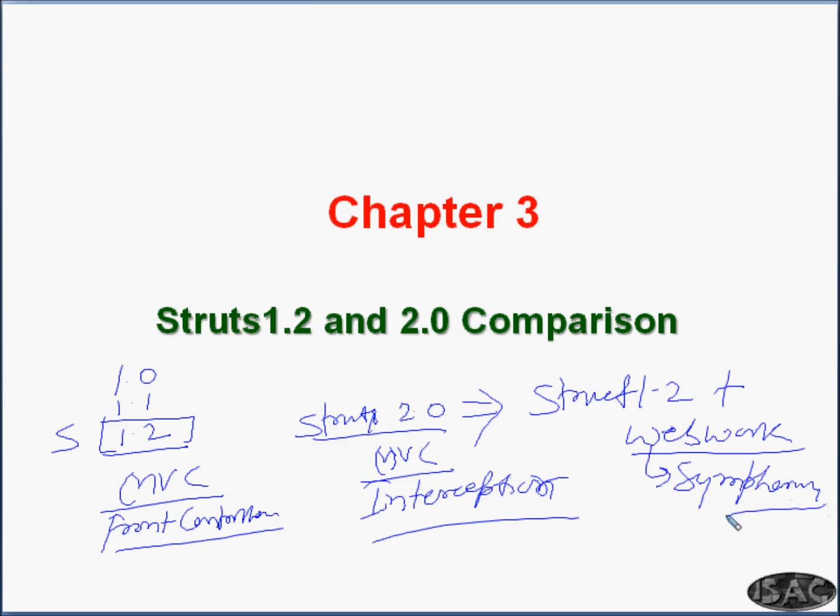Now both have been merged and they have got a new design pattern. They have implemented the filters and all, and they have made Struts 2.0. So we'll have a closer look at the differences and architecture of these two versions.